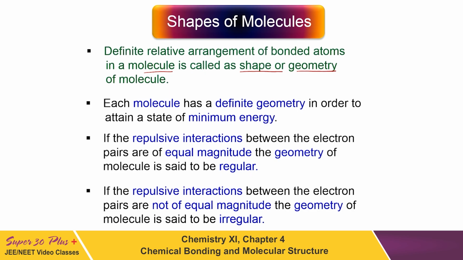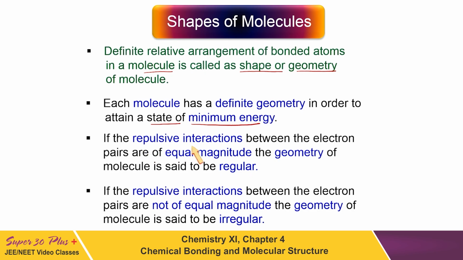Say for example, if the hybridization is sp3, then no matter what the shape of the species is, its geometry will be tetrahedral. Each molecule has a definite geometry which accounts for the minimum energy, in order to attain the state of minimum energy.